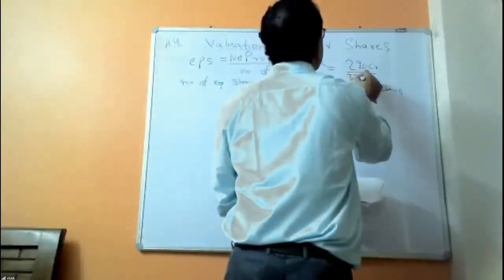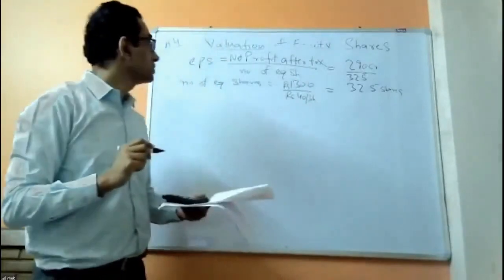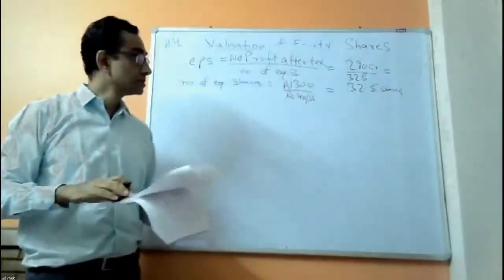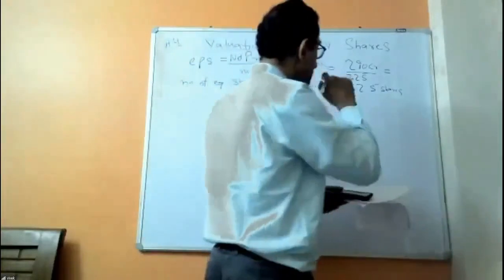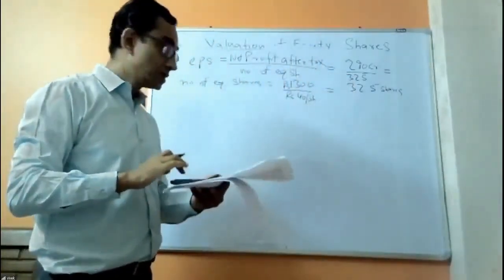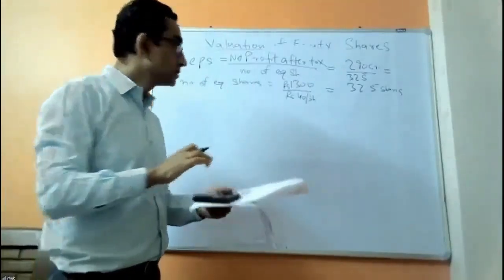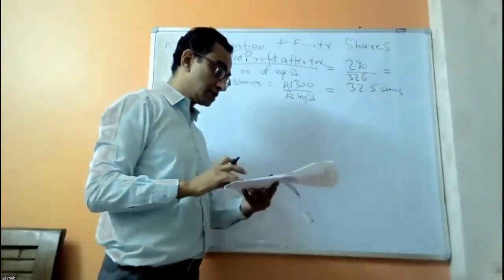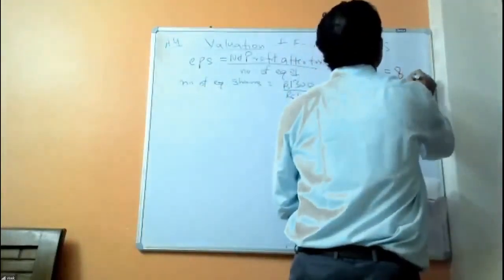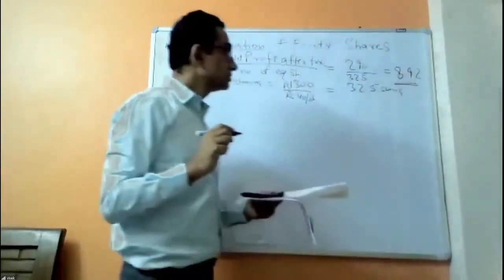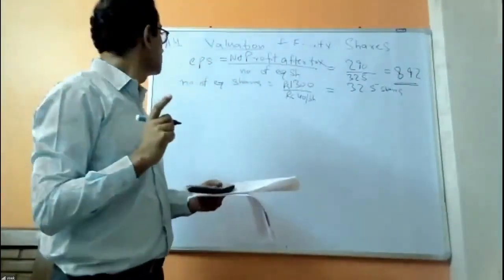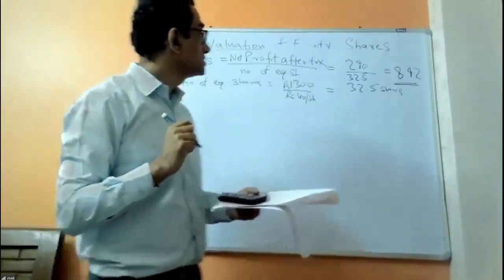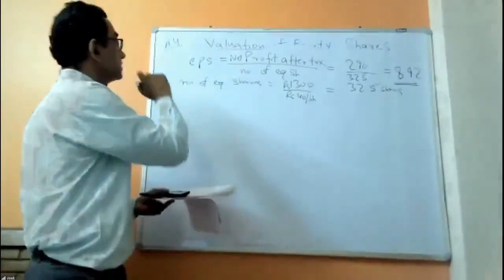So we will divide 290 crores profit after tax by the number of shares, 32,50,000. So 290 divided by 32.5 is coming to 8.92. 8.92 is actually the earning per share.